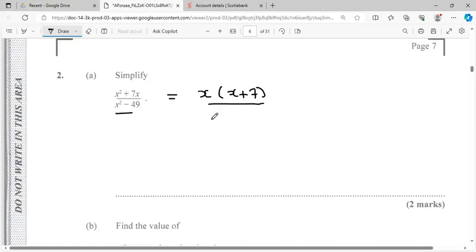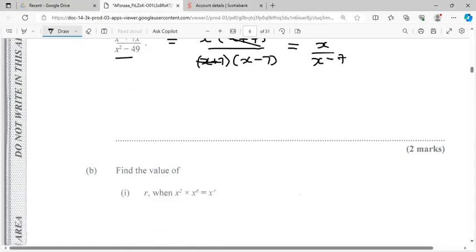So it's x plus 7 and x minus 7. So it's formed out nicely where we can cancel. So that would leave x over x minus 7. And you'd have gotten 2 marks for that. So I don't think that was really hard. You have to have the knowledge.